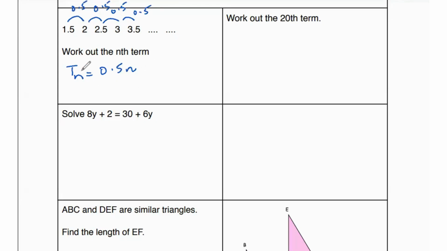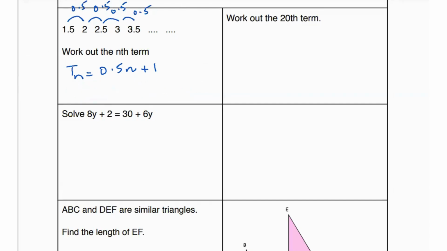So now let's assume this is our nth term. To find the first term, I will do 0.5 times 1, and that's 0.5. As you can see, the first term in the sequence is 1.5, not 0.5, which means we need to add 1 to the nth term equation. So if I try to find the second term, that's 0.5 times 2 plus 1. 0.5 times 2 is 1, and 1 plus 1 is 2, which gives us the second term, so this could be the nth term equation.